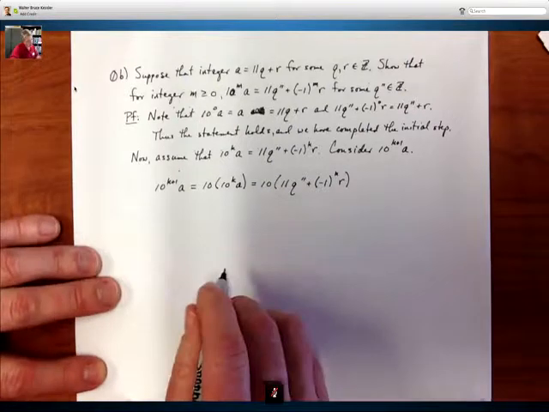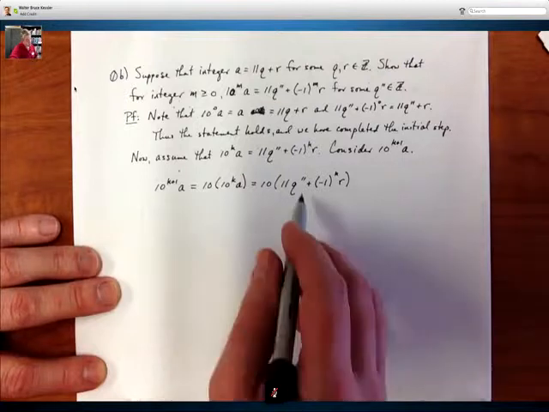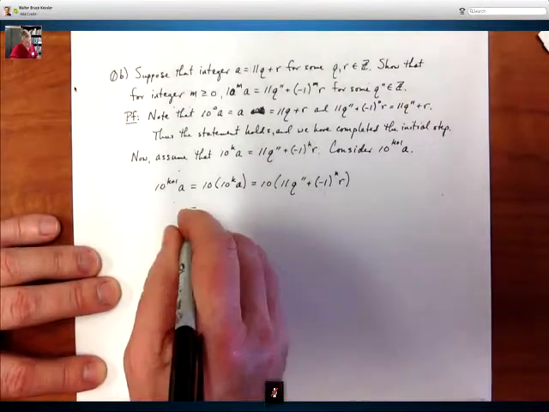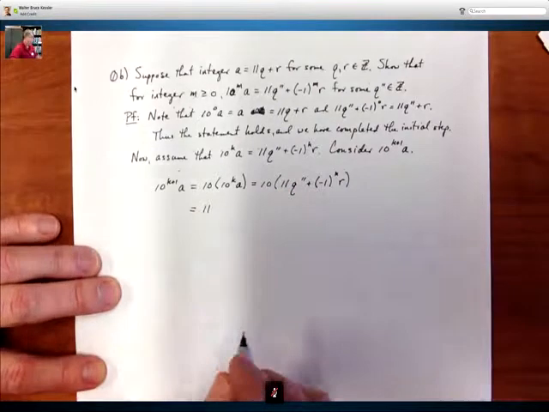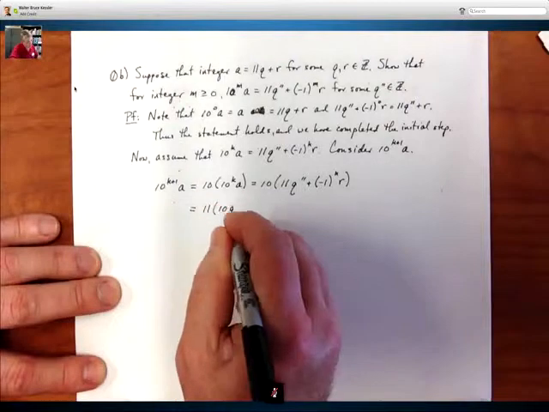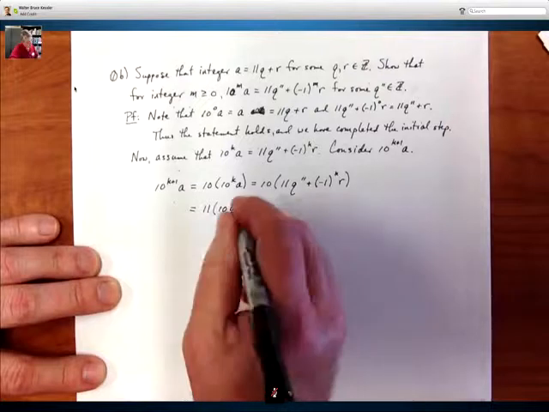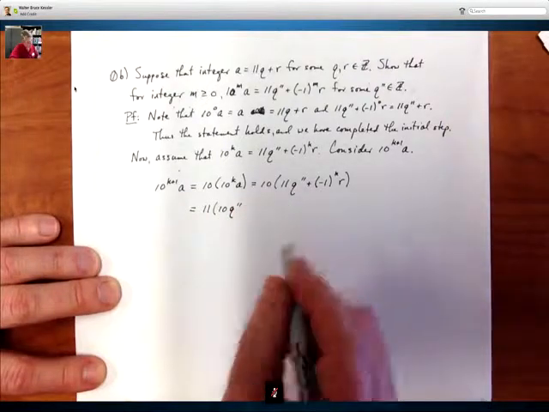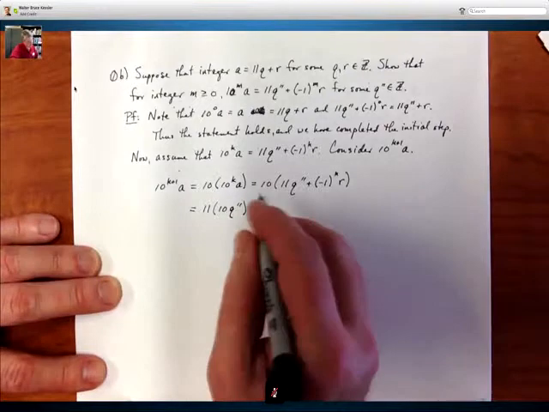Alright. So, I think I'm going to draw, well, I can certainly for this part just swap these factors, right? Times 10 to the q double prime. Okay.